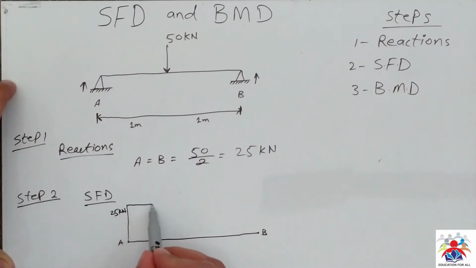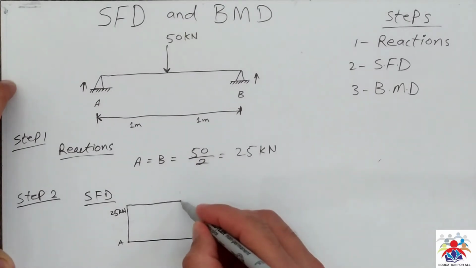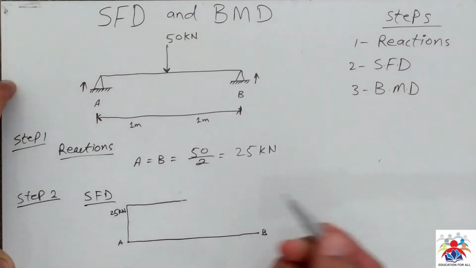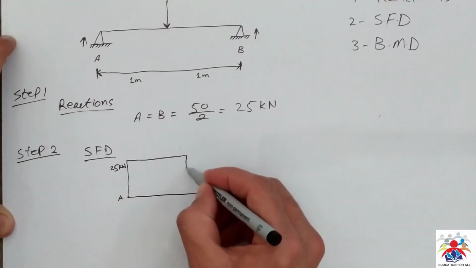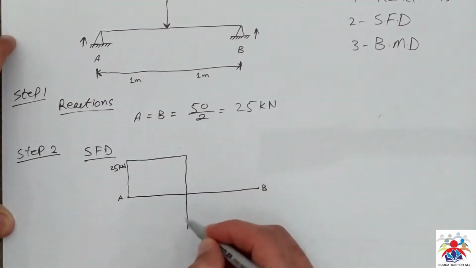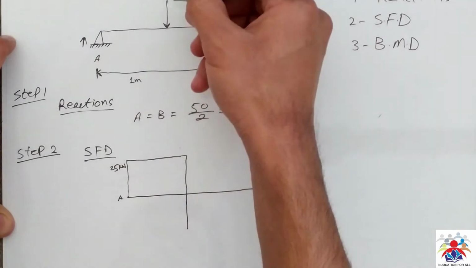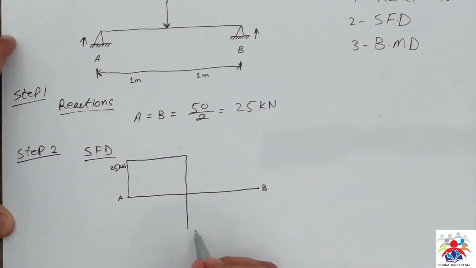Then you have to draw a straight line as I have explained in my previous video. Then when it comes to the middle of the beam, you will go straight down 50 kilonewton. So 25 kilonewton, go to the point in the middle of the beam, then go straight down. As you can see, 50 kilonewton is pushing downwards.